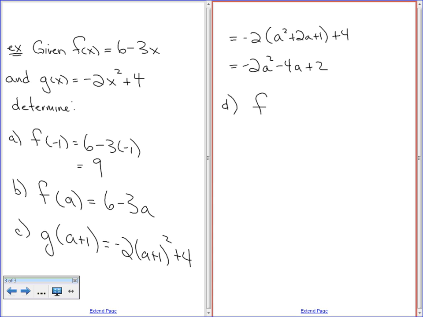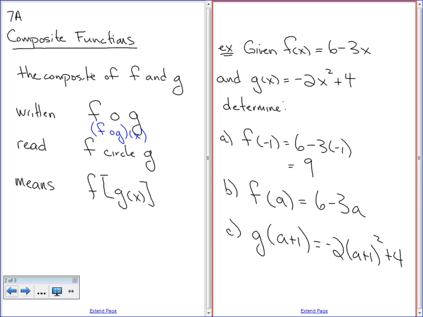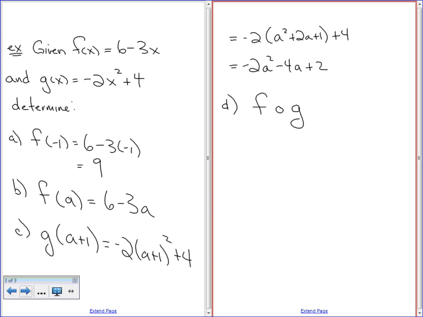So now we're going to get into some composite functions. So f circle g. Every time you see that, rewrite it into what it means. So it means f evaluated at g of x.